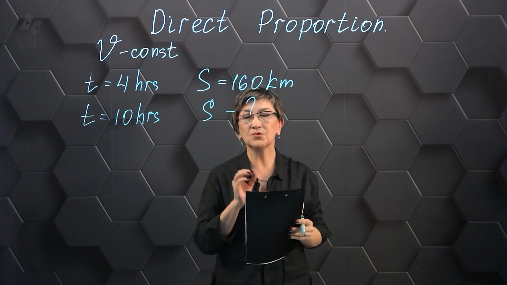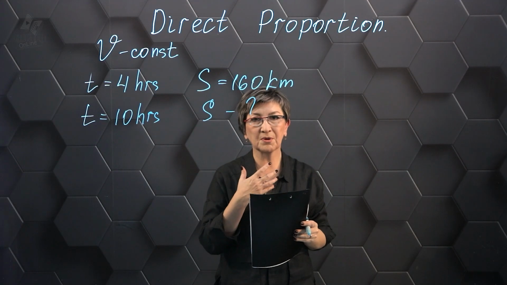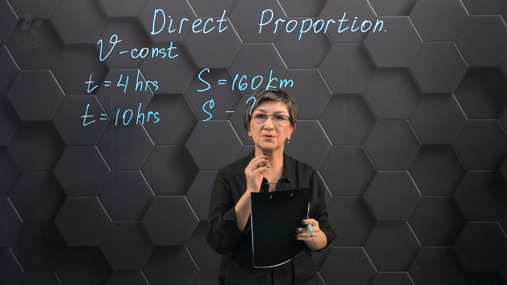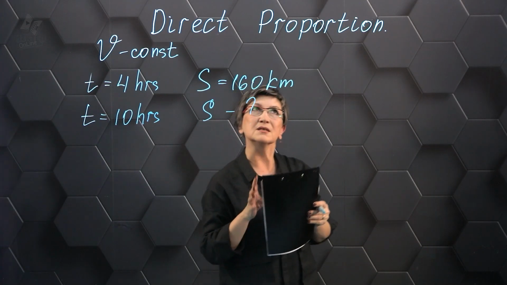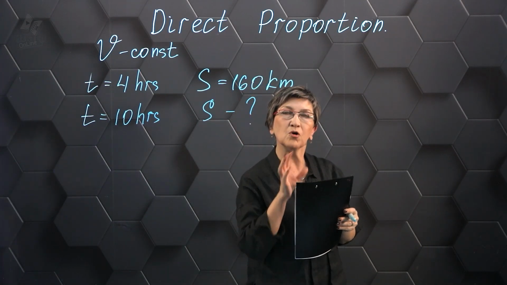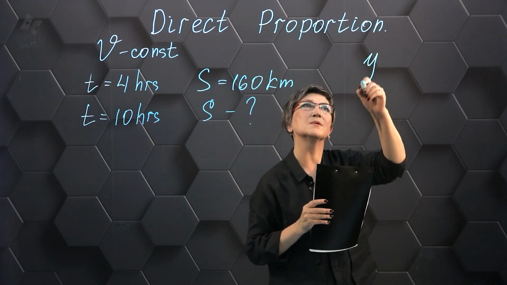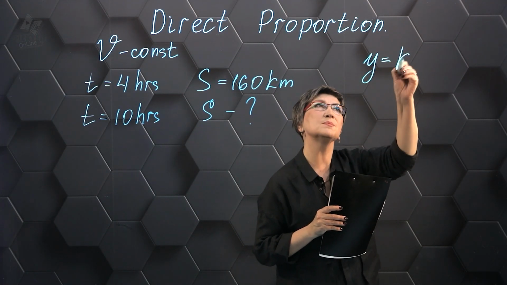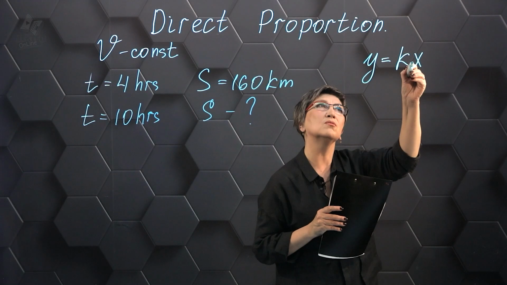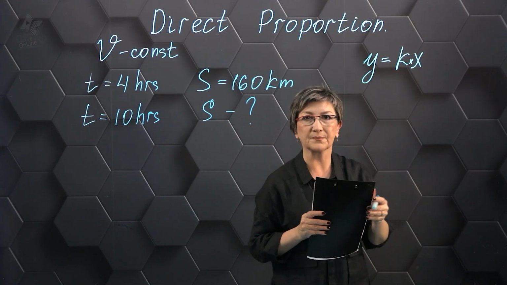We're going to solve this problem through direct proportionality. Why direct proportionality? Let's remember the expression for direct proportionality. We've talked about how to write direct proportionality: y equals k times x.